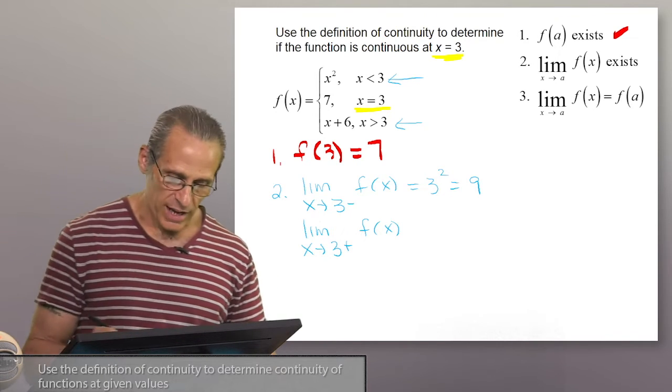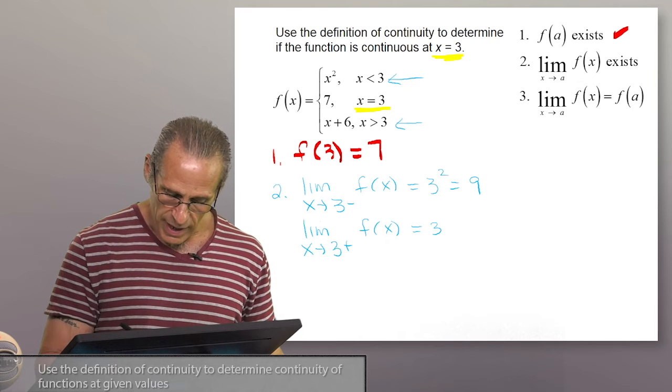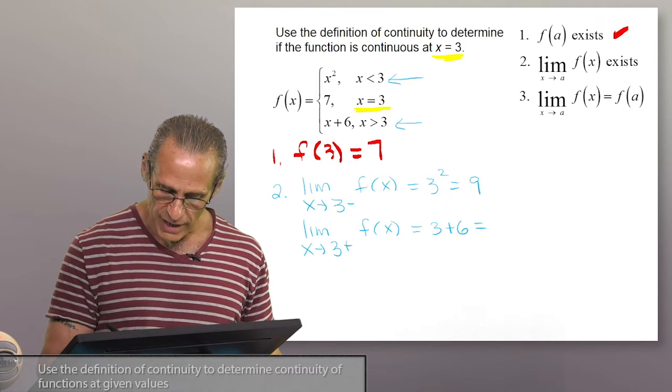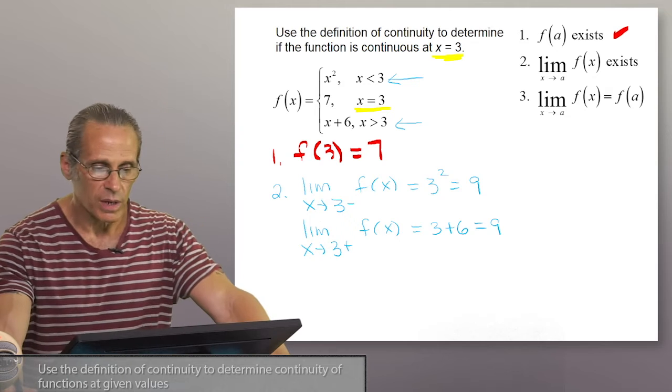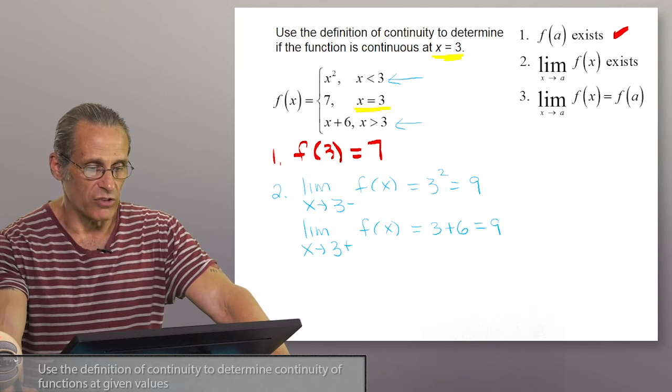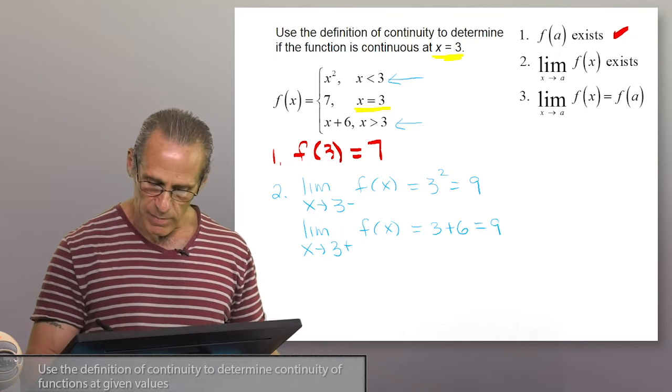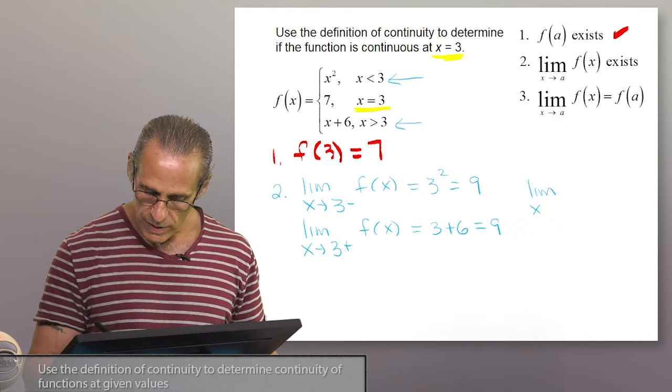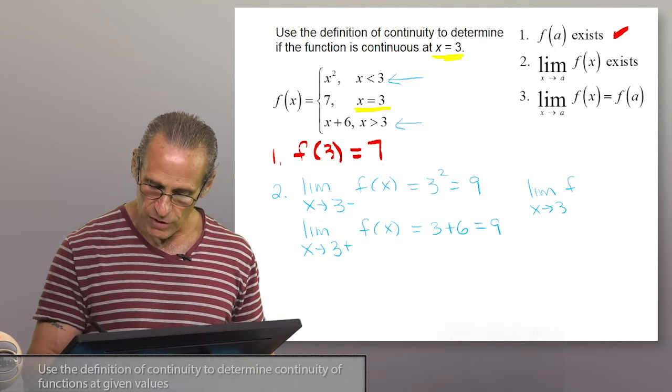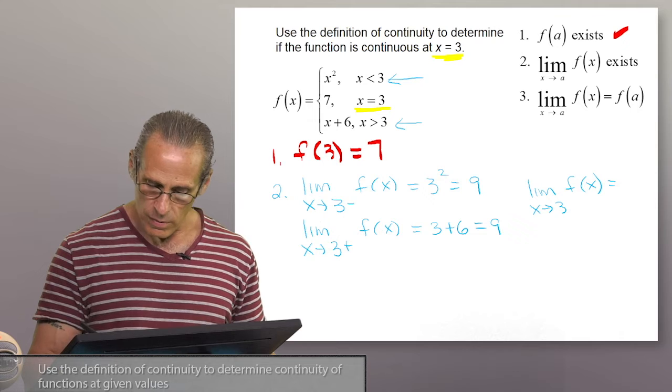I'll use the function x plus 6. And 3 plus 6, well, that is 9. So if I ask myself, what is my two-sided limit? The limit as x approaches 3 of this function would be 9.